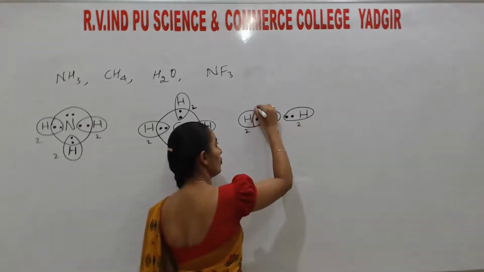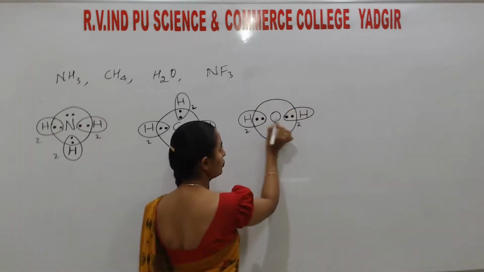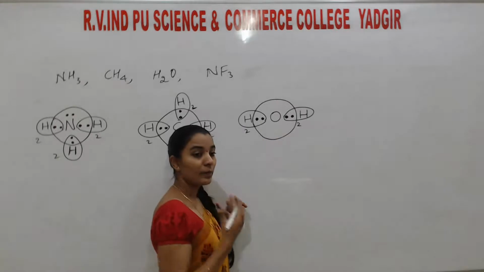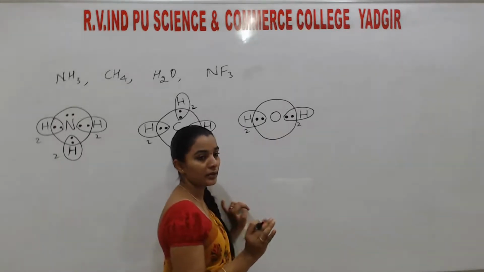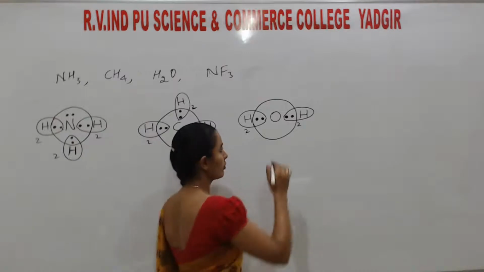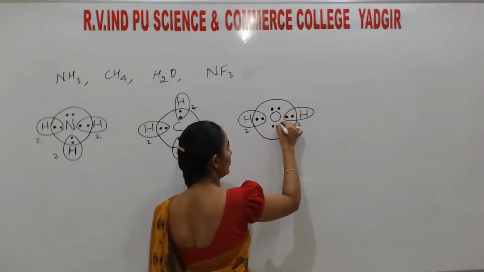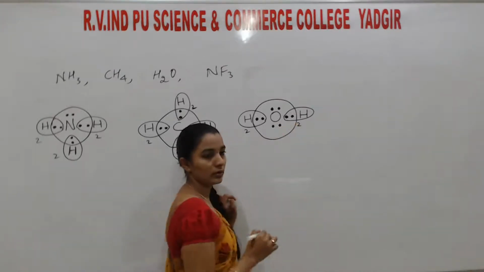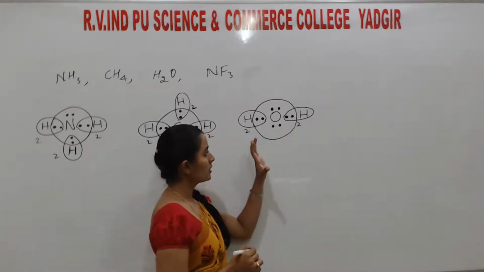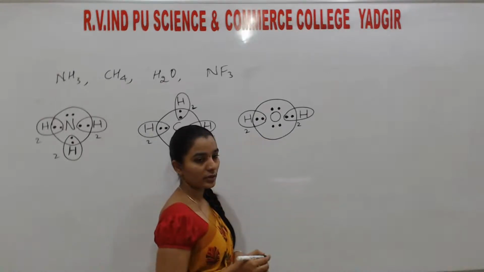Next, if you round up for oxygen, how many electrons are here? 2, 4. But what we need is 8. To get to 8 we must add 4 extra electrons: 1, 2, 3, 4. So this is the structure of water according to the Lewis structure.